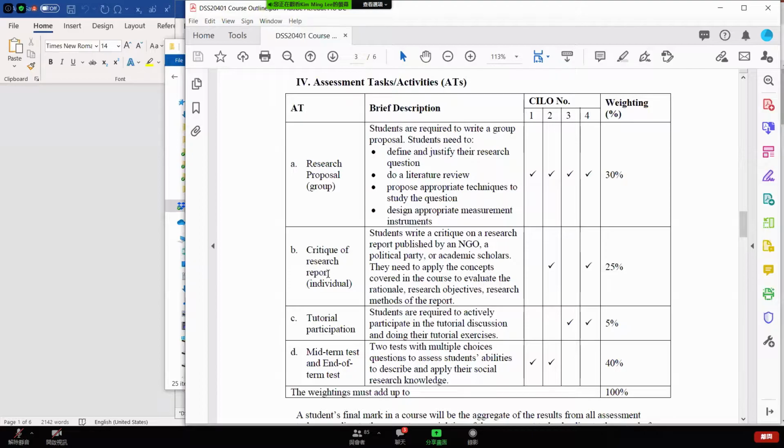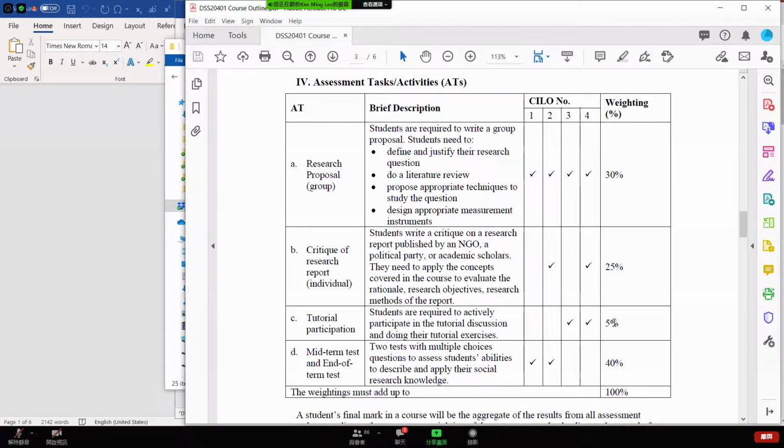And the critique of a research report, that means I will give you a journal article, and you need to comment on that article to see how you can improve it or whether there are problems in that article. And then the tutorial participation, that means when doing some in-class exercise, you need to voice out, you need to participate, you need to ask questions, something like that.